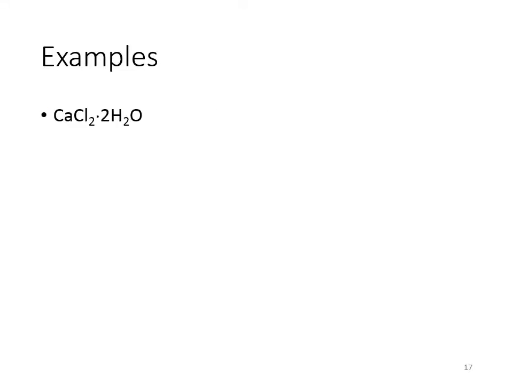First example, CaCl2 dot 2H2O. So we have an ionic compound, CaCl2, that's paired up with 2 molecules of water. To name this, we're going to name the ionic compound as usual. So Ca is calcium, and Cl is going to be chloride.